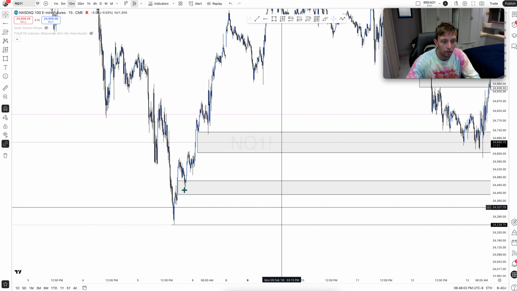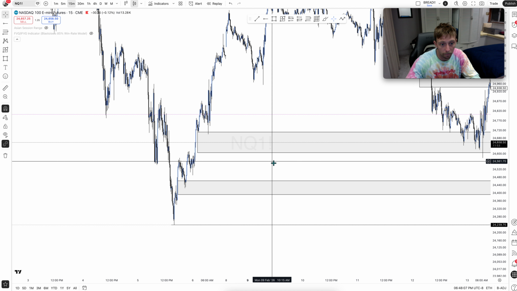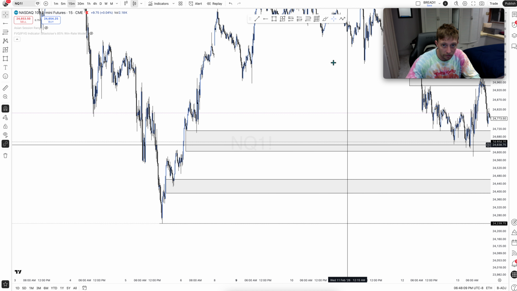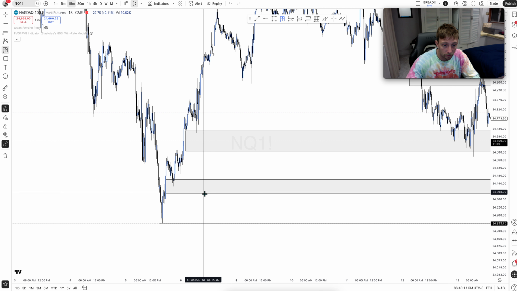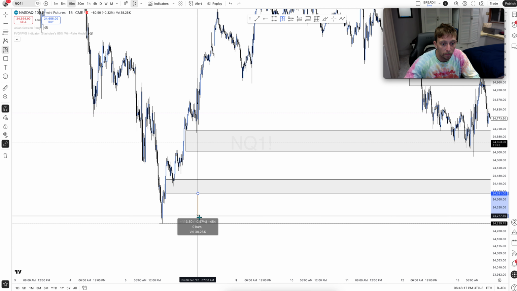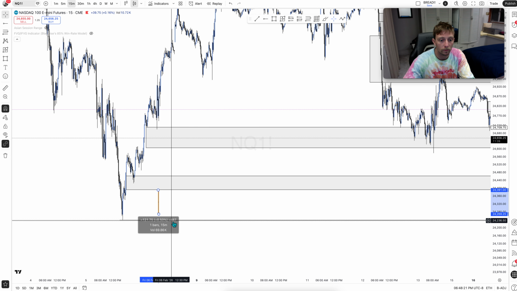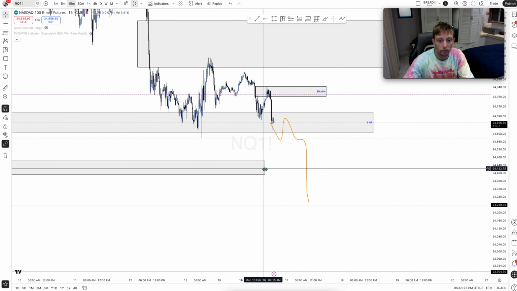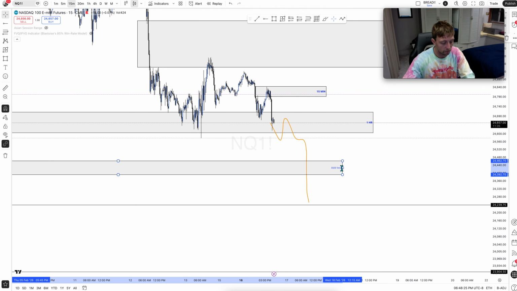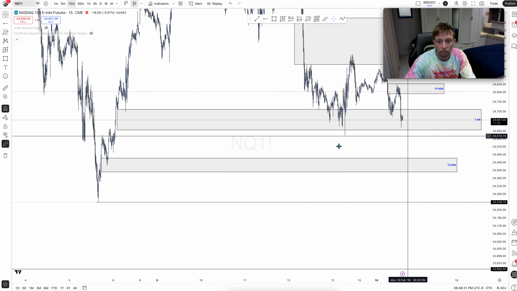Okay, you can see price only tapped into it once off the 50% and continued going higher. So technically this is a valid gap, and if price were to break through on the downside and we were to target draws below, this is still a 100 plus point trade. Okay, so we can mark this one out as a 15-minute. And that's looking pretty good.